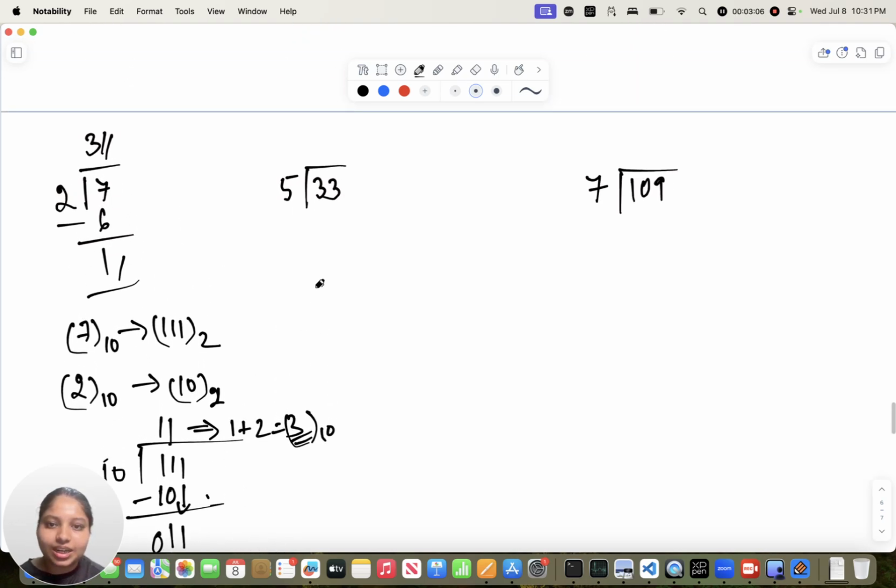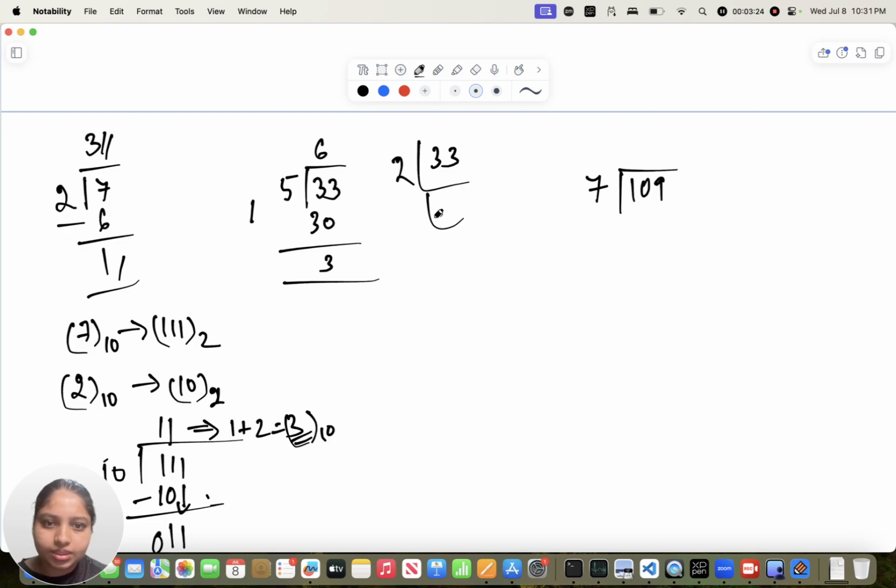Now in our next case, 33 divided by 5, it's going to be 5 6s are 30, and then we have a 3 as a remainder. Let's see how this works out. 33 in binary: dividing by 2 repeatedly, 2 16s are 32 with a remainder of 1, then 2 8s are 16 with 0, 2 4s are 8 with 0, 2 2s are 4 with 0, 2 1s are 2 with 0.